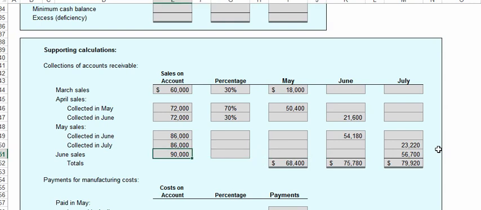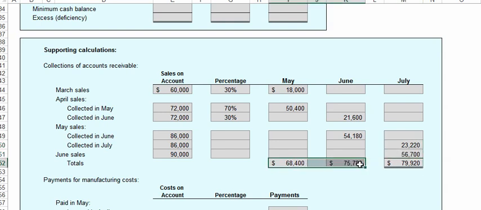And now this one is 90,000 June sales in total. Well, we have to subtract out the 9,000 cash sales for June. Then times 0.7 gets us the amount to be collected in July. Now we added these two together to get this amount. We added these two together to get the total from June. And we added these two together to get the total from July.